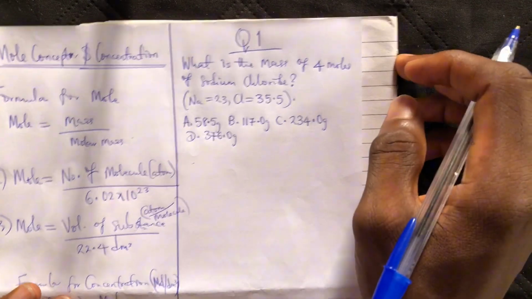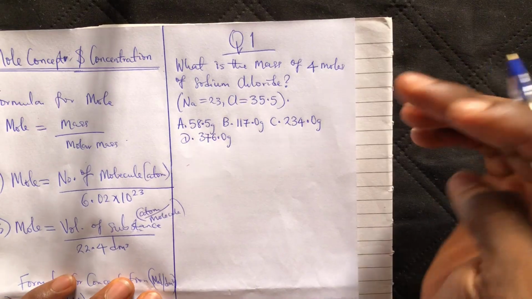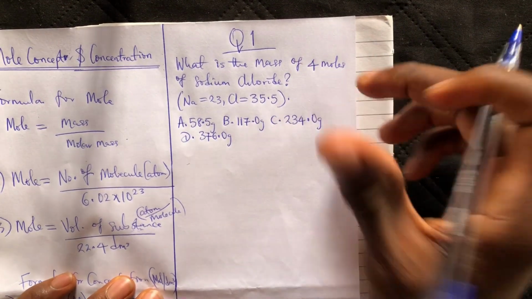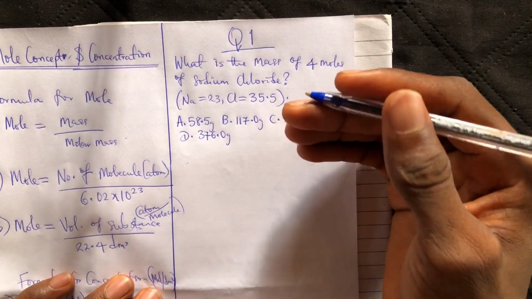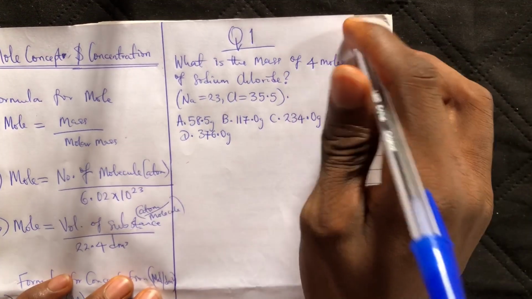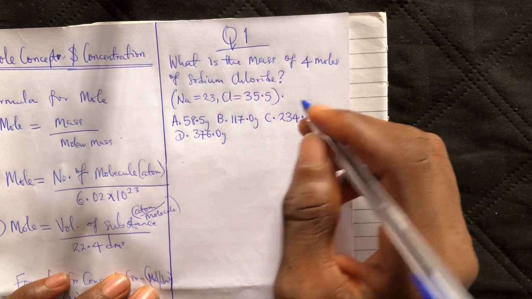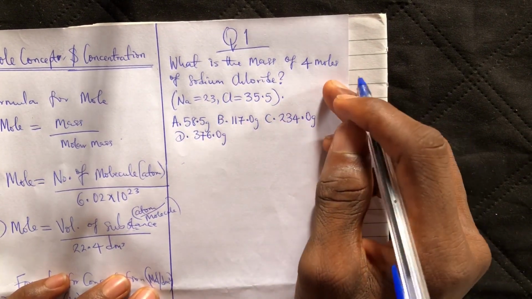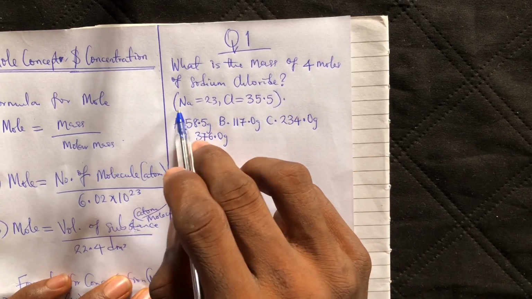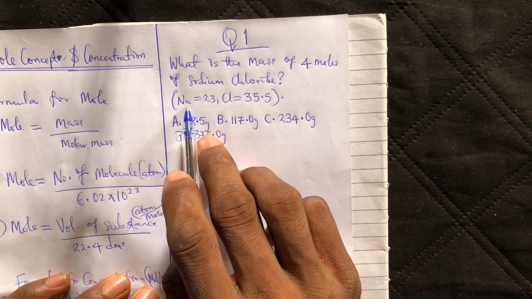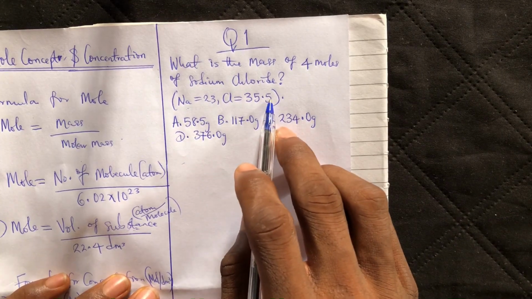All right, so now we'll have one question given to us here, so that we can apply the formulas that were given to us earlier and understand each of these formulas very well. Look at the question we have on the paper here. Question 1 says, what is the mass of 4 moles of sodium chloride? In brackets, you're given the mass of sodium and the mass of chlorine.